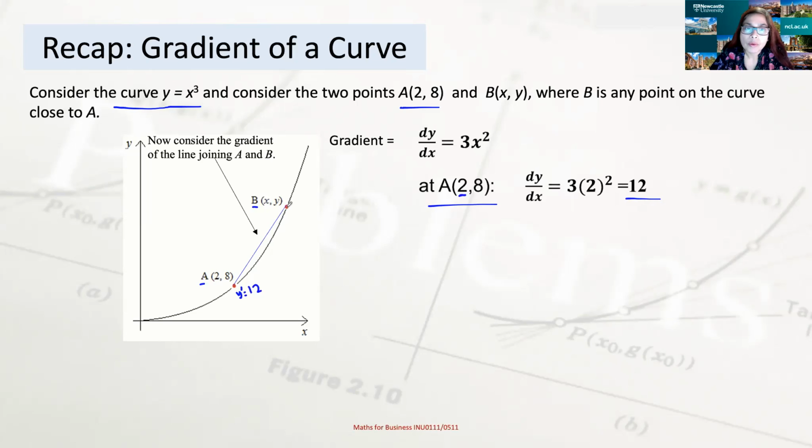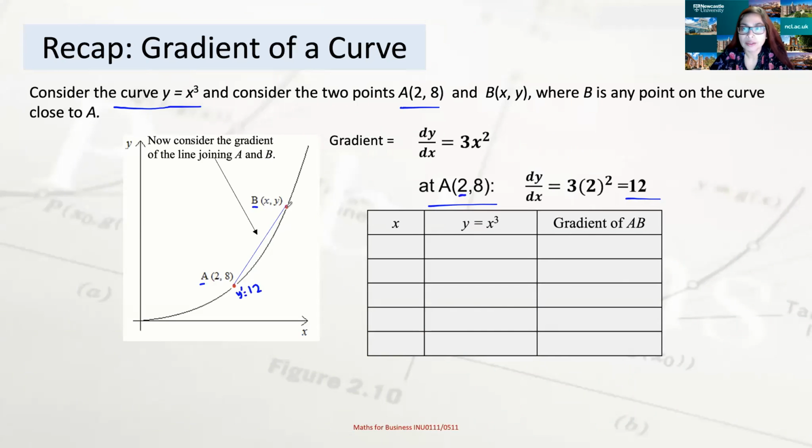Now, let's try to find the gradient by bringing the point closer. Okay, so let's say for the point B, x is 2.1. We are only considering the value of x, and then we substitute this value in the equation of the curve to find the value of y. So we get the coordinate, the point itself.